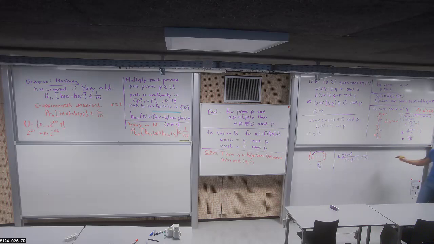So there's at least one choice of Q with less than or equal to P over M rounded down, and this is strictly less than P divided by M rounded up, because P is prime, so M does not divide P, so these two numbers are different. So there has to be at least one choice of Q where you get at most this many pairs. So the total number of colliding pairs is strictly less.